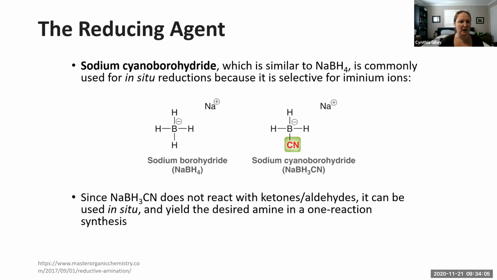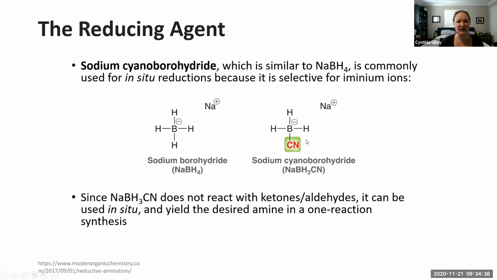Let's talk a little bit more about the reducing agent, sodium cyanoborohydride. What does it look like? Well, it looks very similar to sodium borohydride, where one of the hydrides has been replaced with a cyano group. What does the cyano group do to the overall reactivity of the borohydride? Well, as you know, cyano groups are electron withdrawing groups. So it's actually pulling electron density away from the boron, helping to stabilize the negative charge.